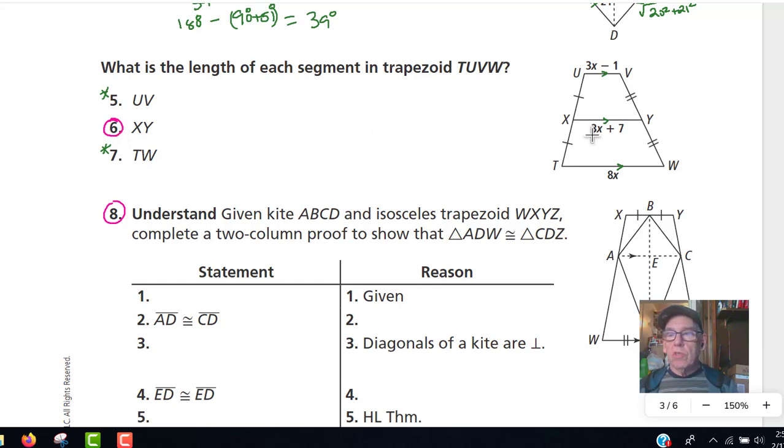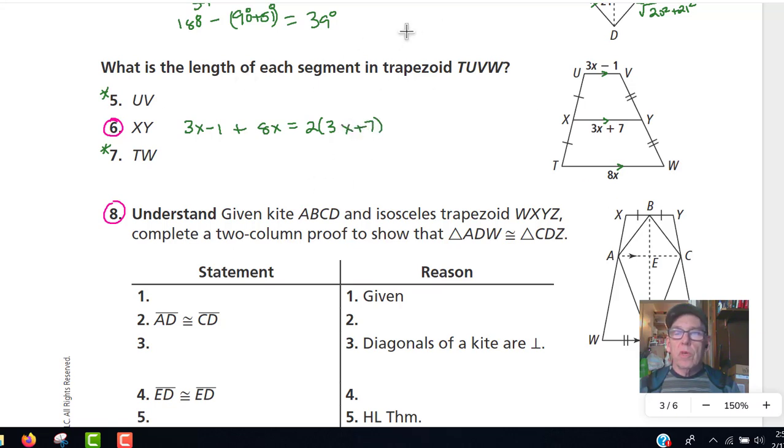So for number 6, they want us to find the length of XY. This XY length is going to be double these added together. So I'm going to add 3x minus 1 plus 8x and make that equal twice the mid-segment length, which is 3x plus 7.